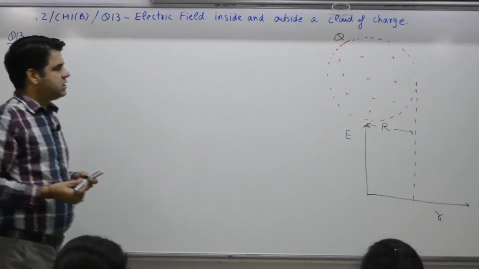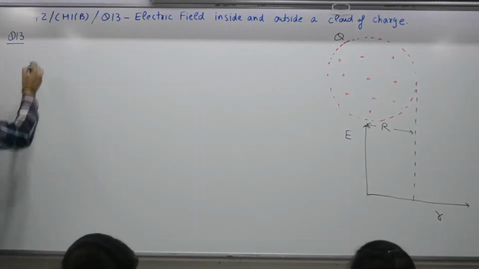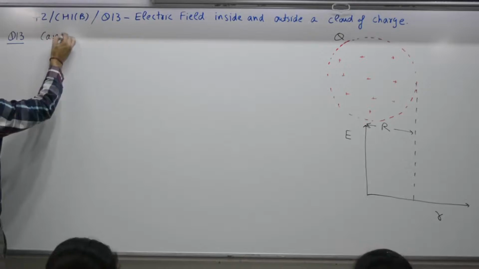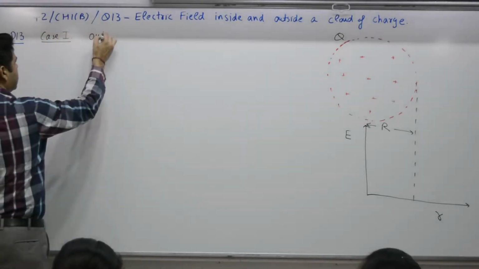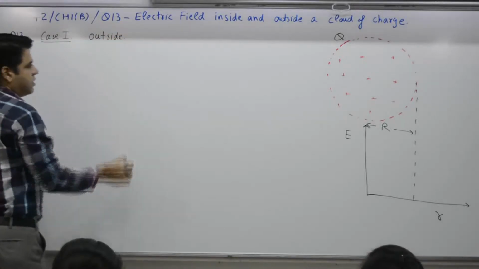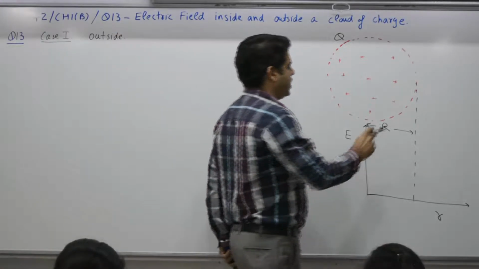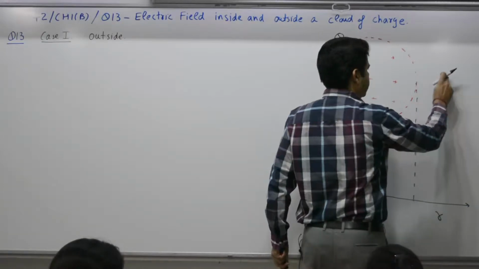Case number 1 is what? Inside or outside? Outside. You have to find out electric field outside. If you say outside, that means you are talking about any point, here, here, here, any point.